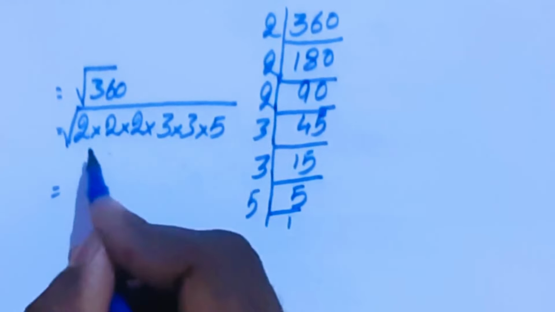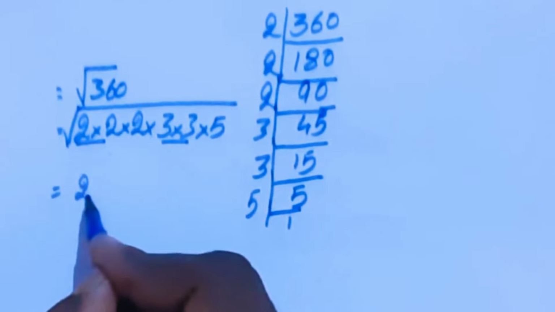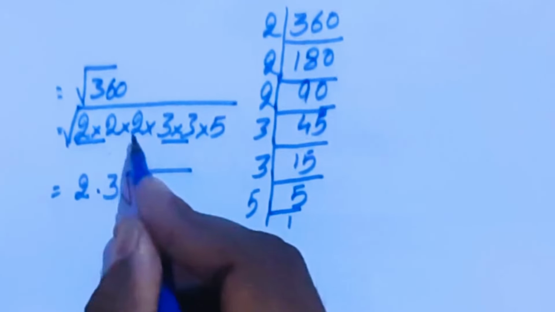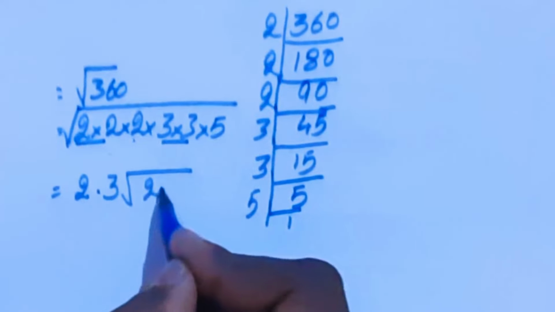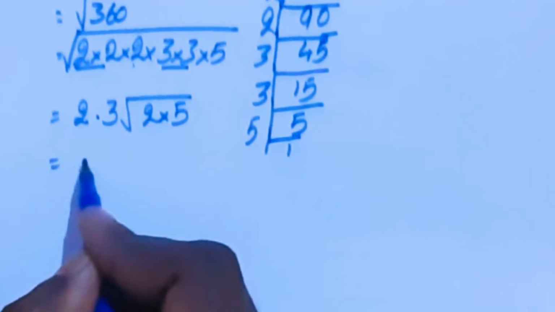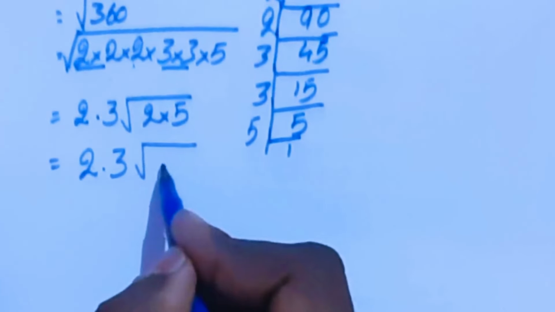Now we are going to take this out. So 2 times 3 square root of remaining 2 and 5, 2 times 5. So we have 2 times 3 square root of 10.